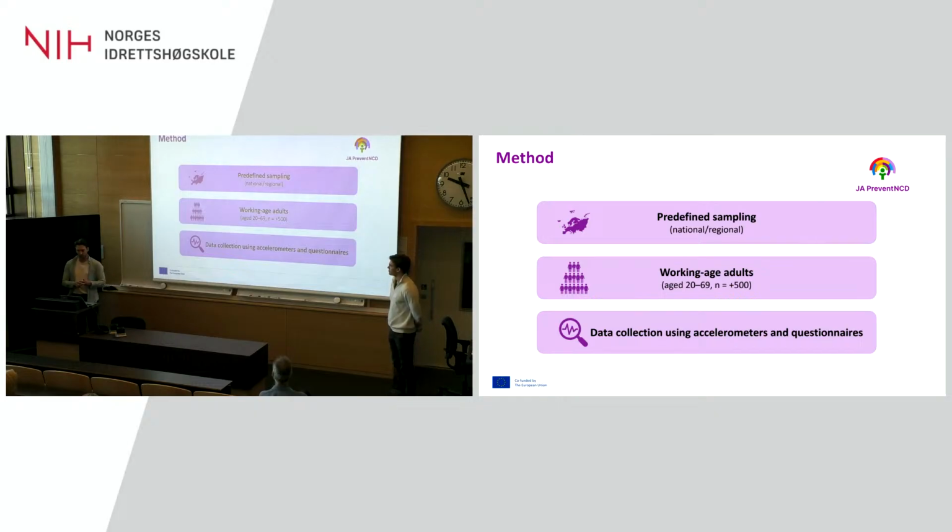We use the Norwegian population register, which means we get all the info we need about who these people are: their names, their addresses, their registered government ID, everything we need to contact them. We use accelerometers and questionnaires throughout this project. I'd just like to add that all countries aim for at least 500 participants, and here in Norway we're limited to only Oslo and Akershus.